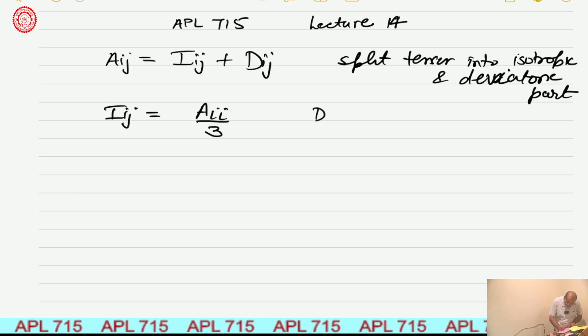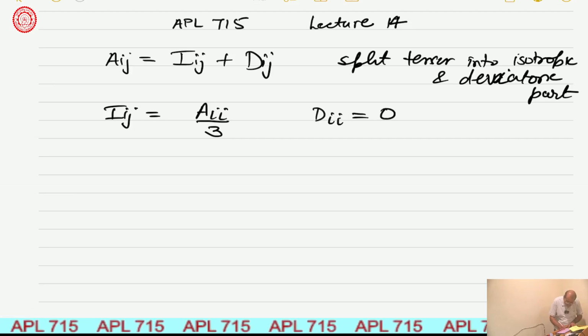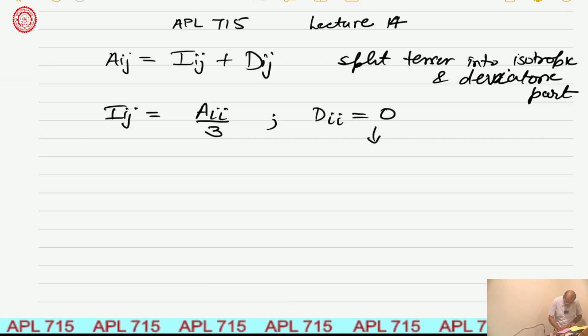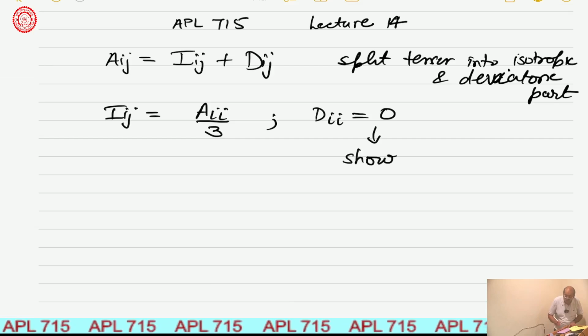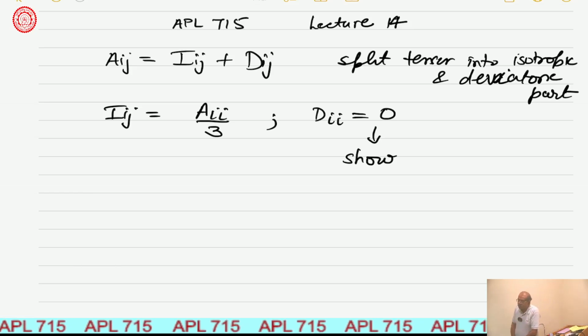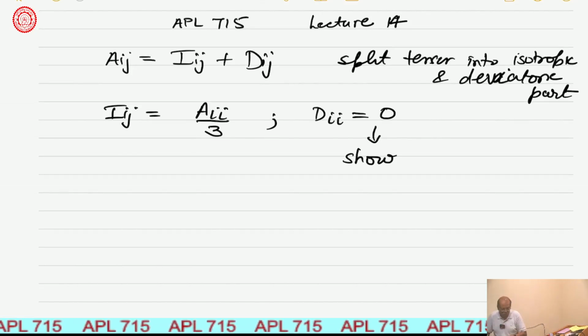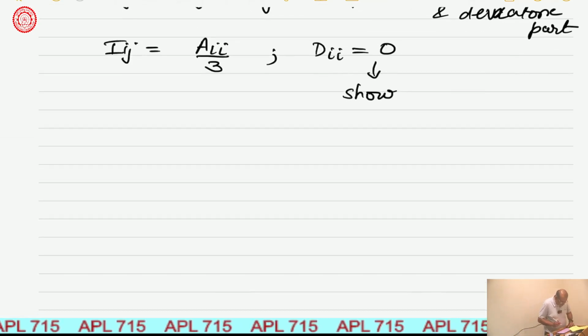I had said this, that d_ii is 0. And since we are having this out, let's just show this.